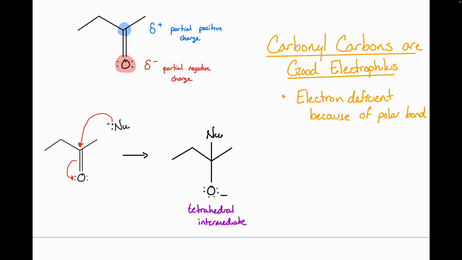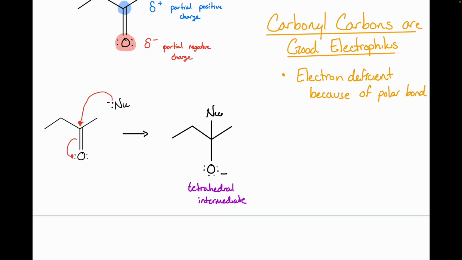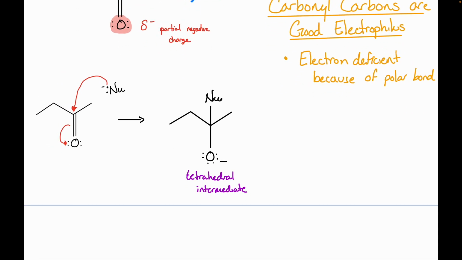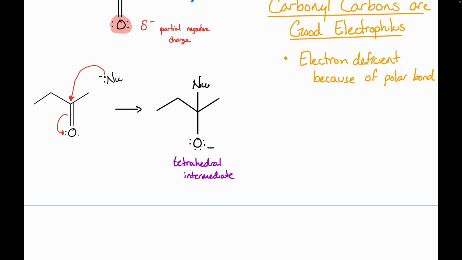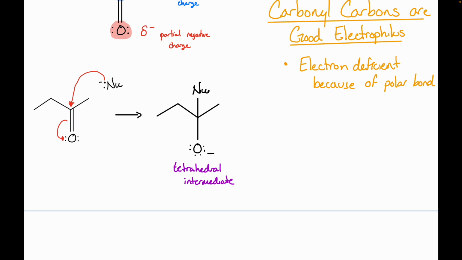But importantly, nobody's had to break their octet in the course of this reaction, right? So everybody remains relatively happy from an energetic standpoint. Carbon didn't have to break its octet in order to accept that pair of electrons. So carbonyl carbons are good electrophiles because they're electron deficient, but they can also accept pairs of electrons without breaking their octet.